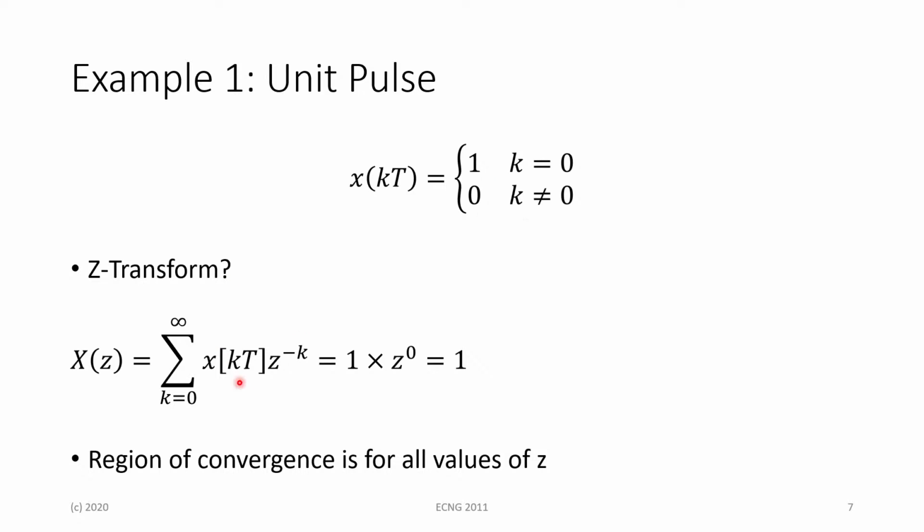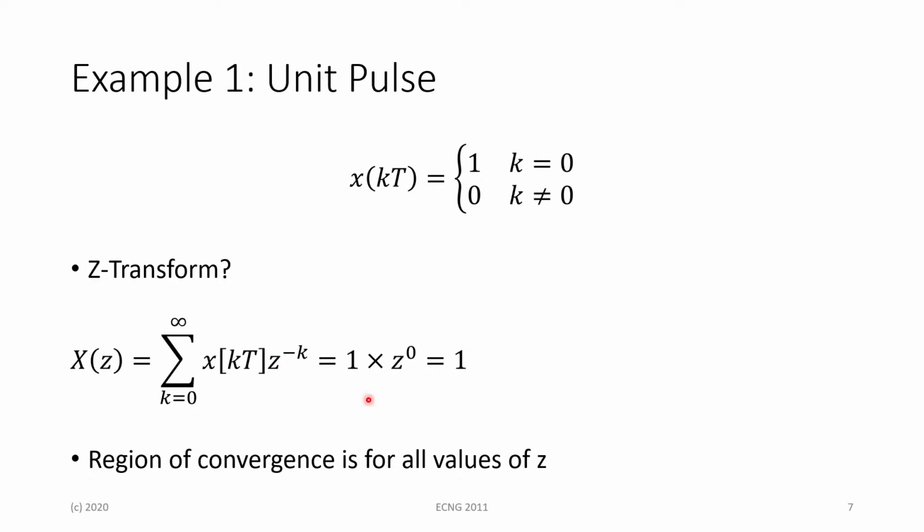And if we Z-transform this accordingly, that means that x of kT is 1 for k equals 0. So when k is 0 here, we have x of kT, and we just substitute that as 1, and z to the minus k here will just be z to the 0. So that's just going to be equal to 1. But all other values of k here are just going to be 0, so that's 0 multiplied by z to the minus 2, 0 multiplied by z to the minus 3, as we keep on going.